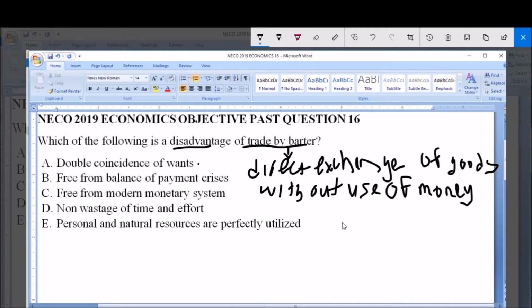Now double coincidence of wants can actually be seen as a disadvantage of trade by barter.